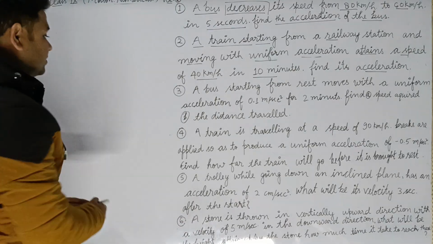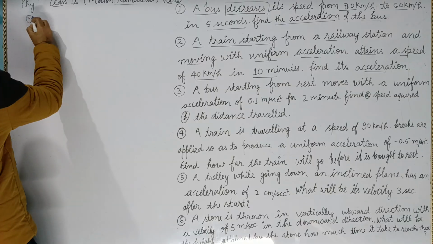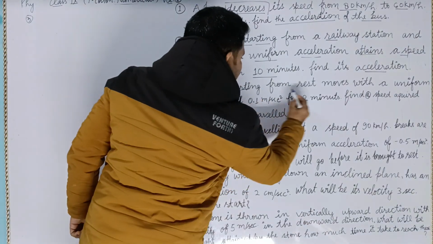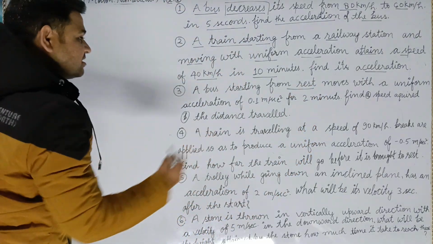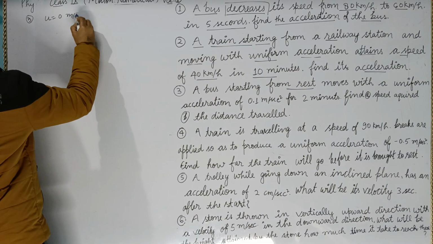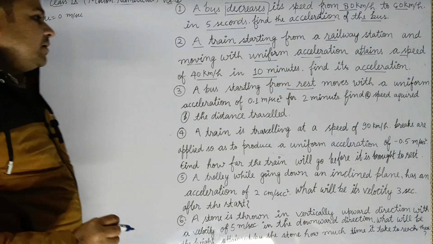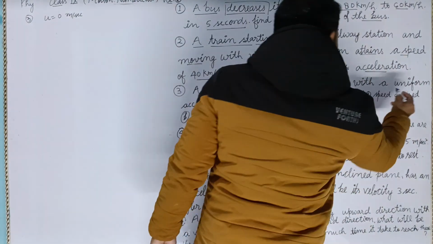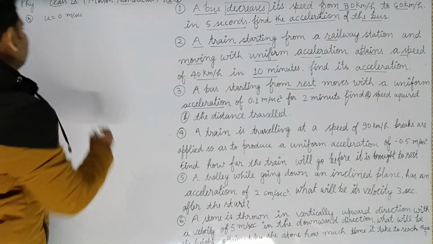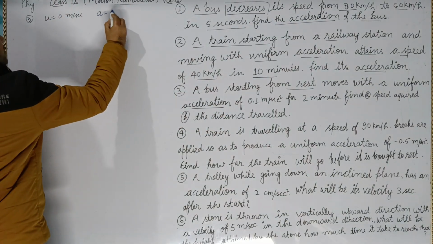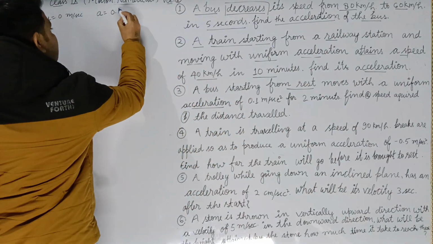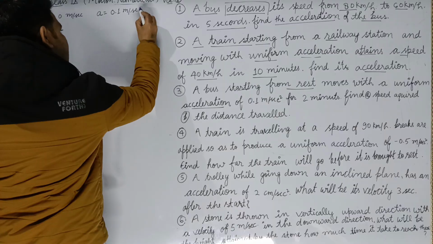Let's solve this question number 3. A bus starting from rest, it is in the resting position. So initial velocity u is equal to 0 meter per second, and it moves with uniform acceleration. Here acceleration is given, so we write a is equal to 0.1 meter per second square.